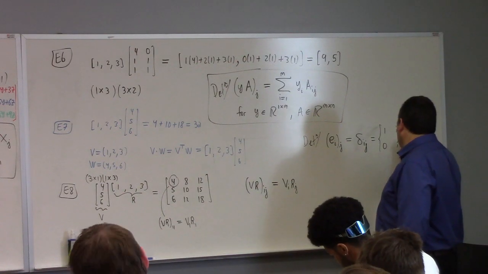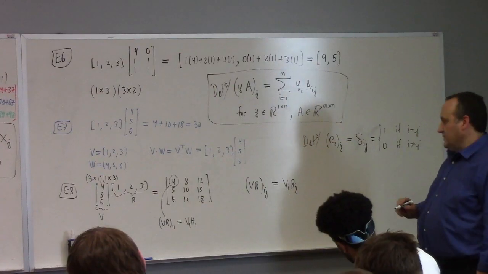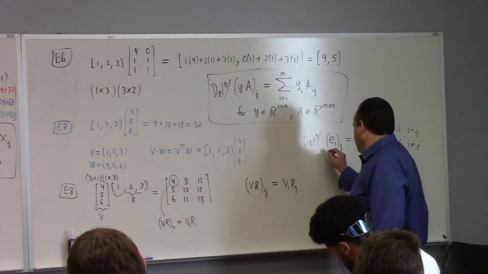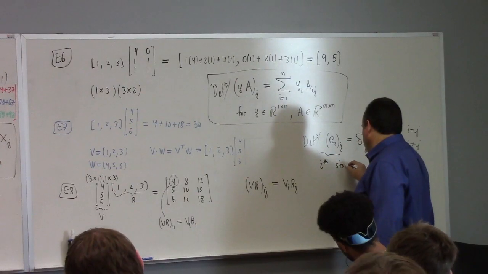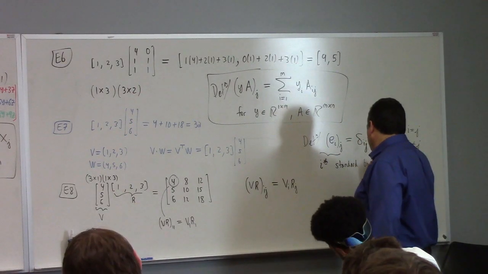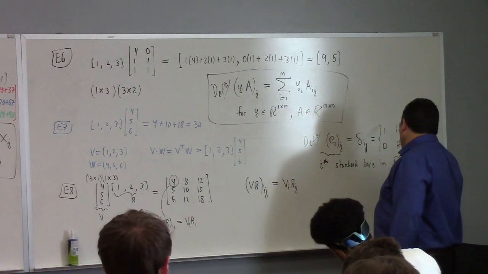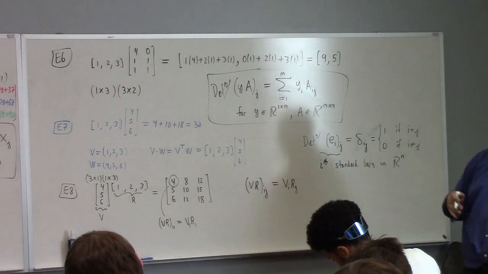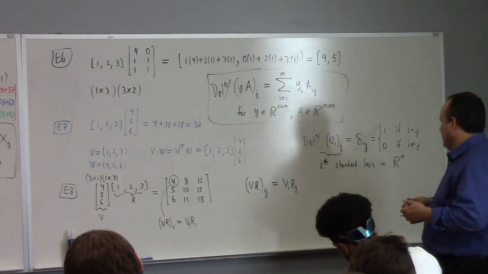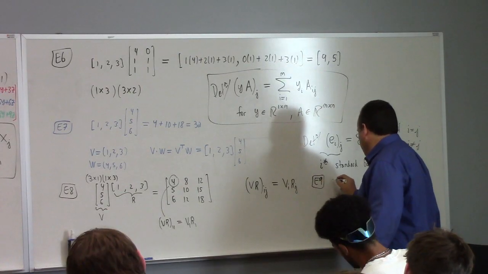It's 0 if i is not equal to j. So this defines the so-called ith standard basis vector in, let's say, R^n. Now this notation is, what's the word? So like example 9, R2.